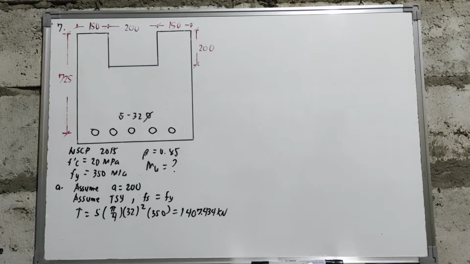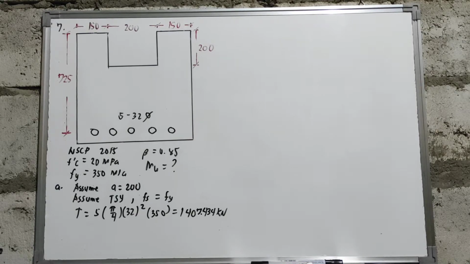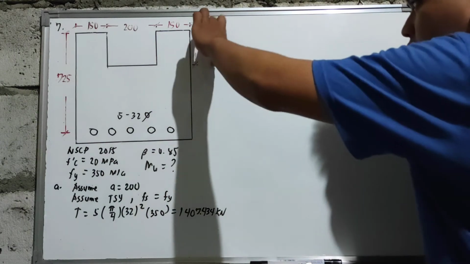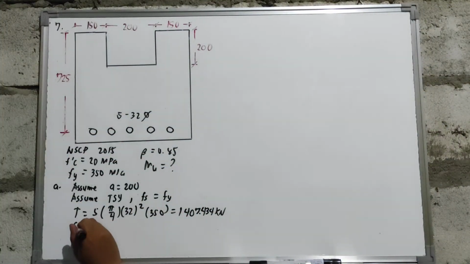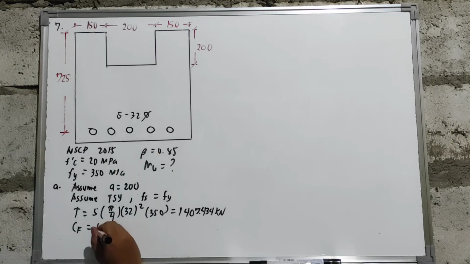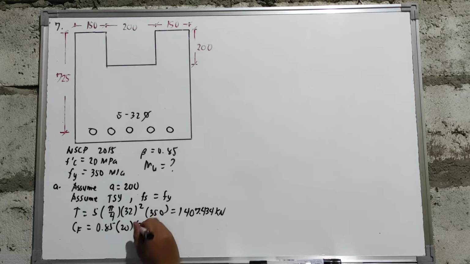So ngayon, para mabalance natin yung 1,400 na tensile force natin, assume a is equal to 200. Hanapin natin yung value kapag yung a is equal to 200. So, meron tayo dito na 0.85 f'c. So, yung f'c natin, that is 20 multiplied by a. So, the value of your a, that is 200 multiplied by.